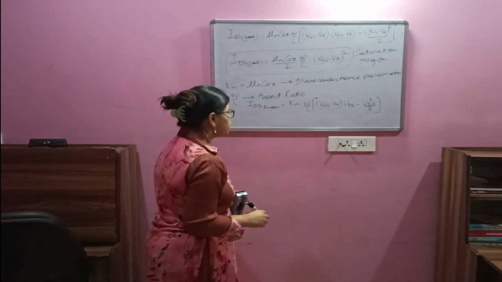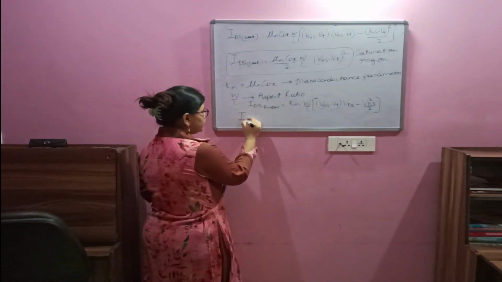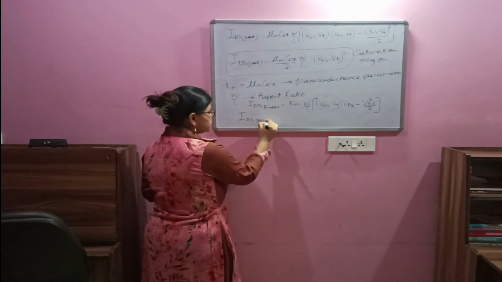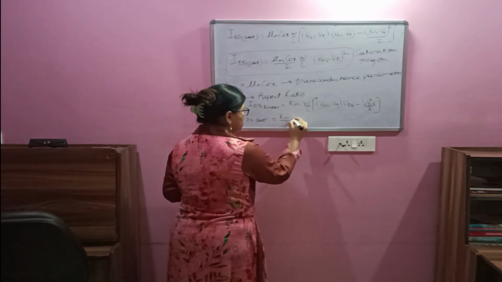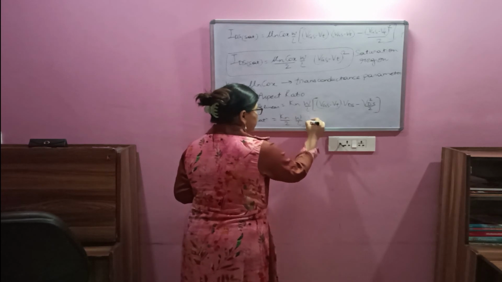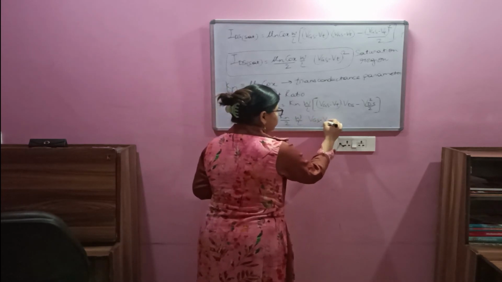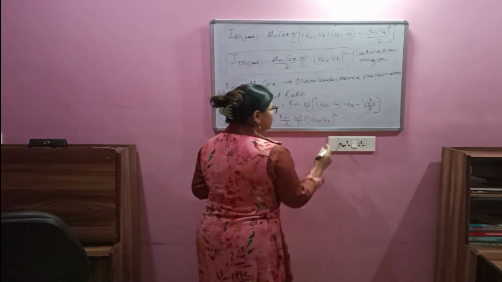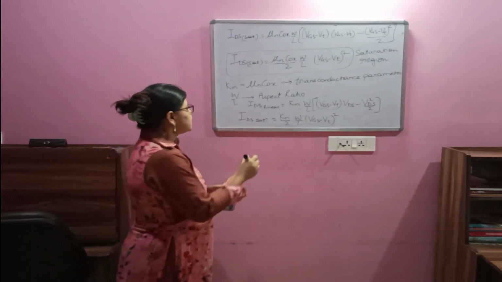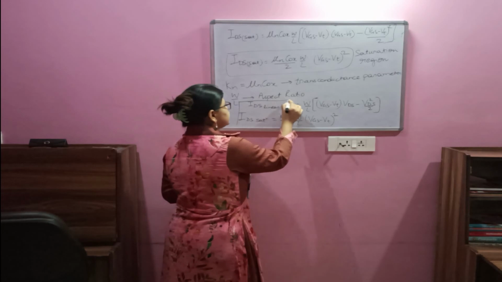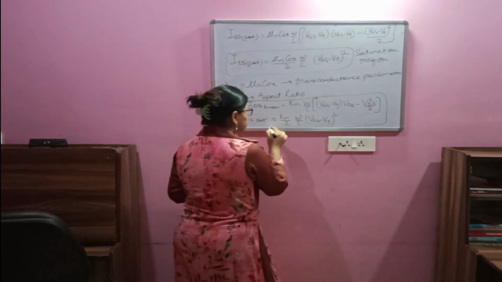This is the linear current equation of a level 1 model, and the saturation current equation is Kn by 2 into W by L into (VGS minus VT) whole square. Okay, so this is how we say that this is a level 1 modeling of the MOSFET.